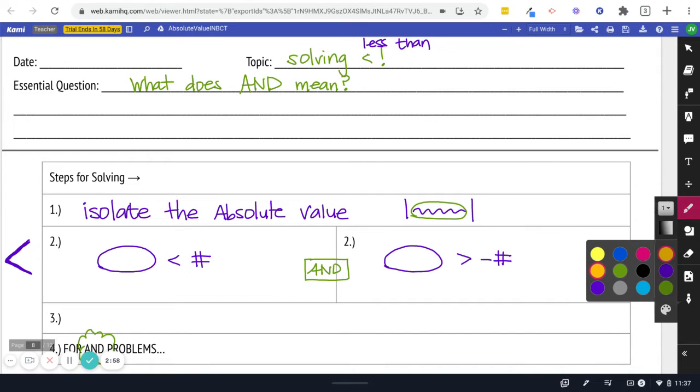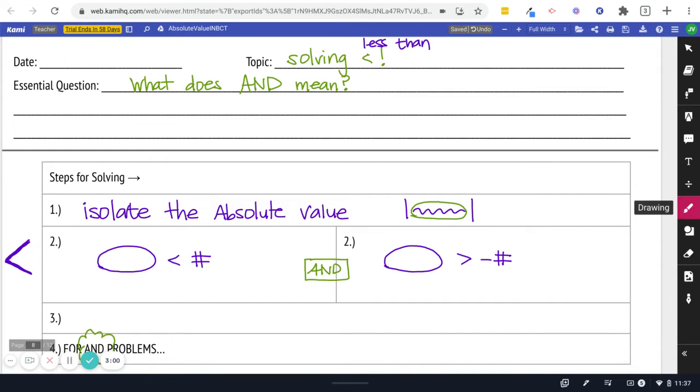So remember, the first inequality is sort of just a copy. But in the second one, we're going to flip the inequality symbol, and we're going to change to negative. Right? That's the same as before.